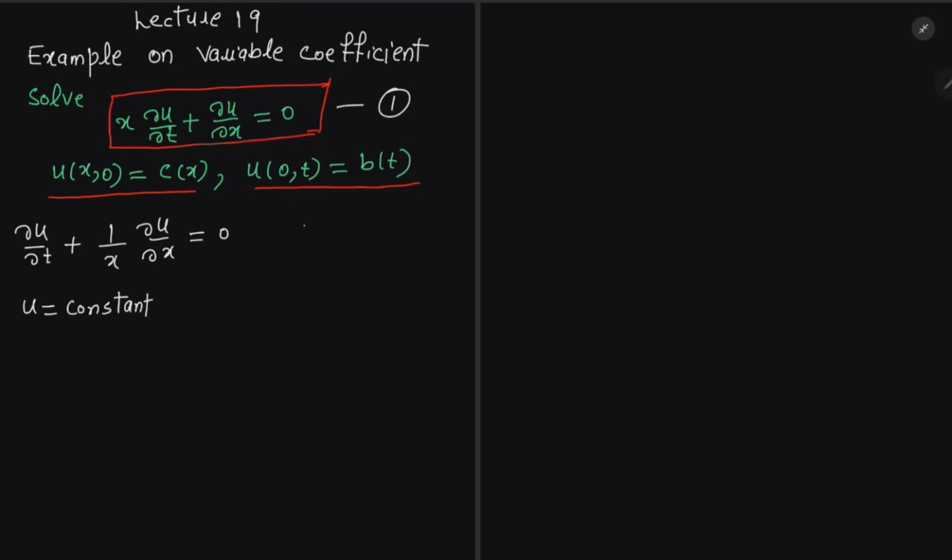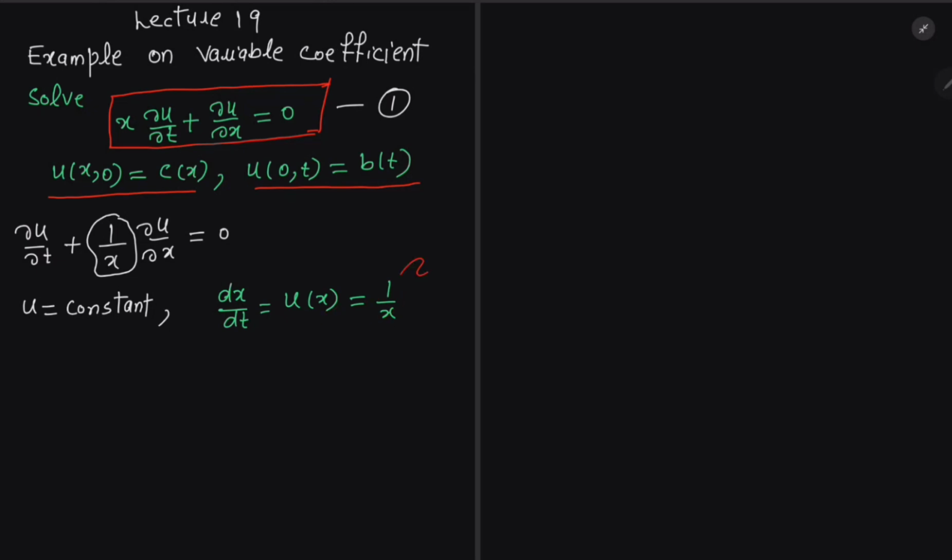Remember that here q is equal to u, and this is the coefficient, which is also a function, 1 over x. So u is constant when dx by dt is equal to the coefficient, which is a function of x, and here it is equal to 1 over x.